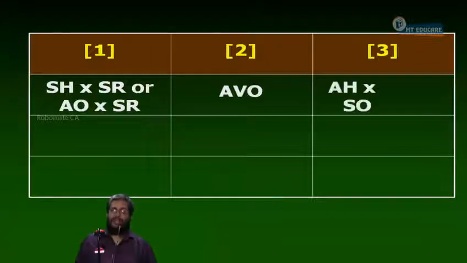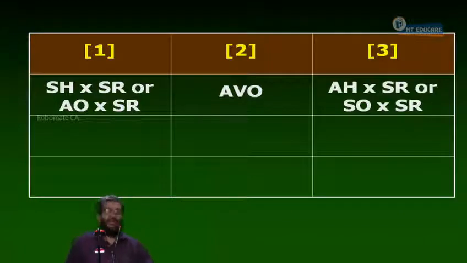Third column, AH into SR or SO into SR. In our question, all numbers are available in the first table itself, but still we can use whatever we want, our choice.